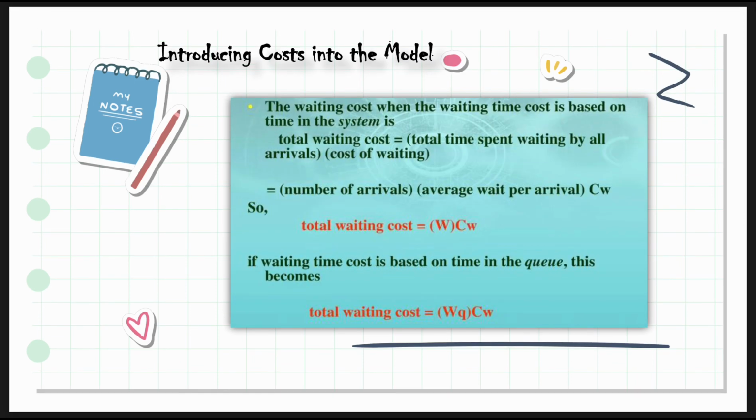The waiting cost, when the waiting time cost is based on the time in the system, is total waiting cost equal to total time spent waiting by all arrivals times cost of waiting. So, a simplified formula would be total waiting cost is equal to W times CW. If waiting time cost is based on the time in the queue, this becomes total waiting cost is equal to WQ times CW.